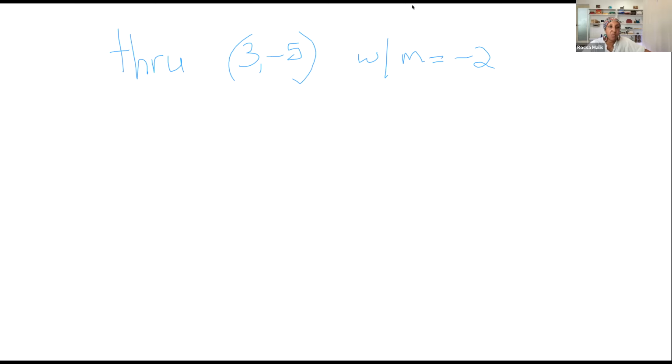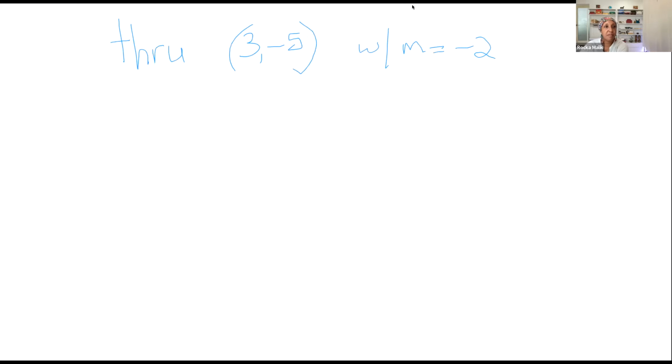So the equation of the line formula is kind of weird looking. It's y minus y1 equals m times x minus x1.